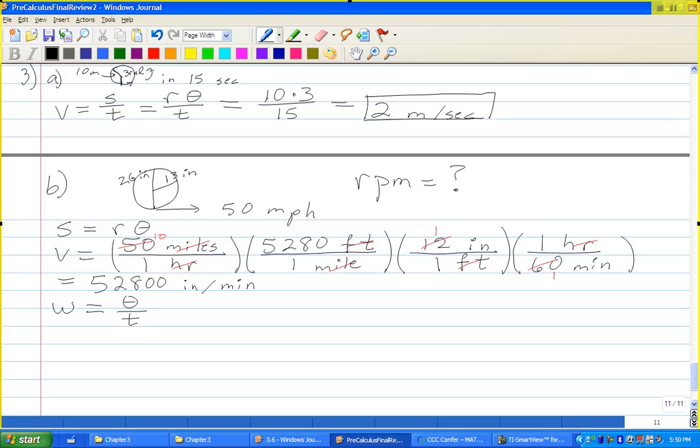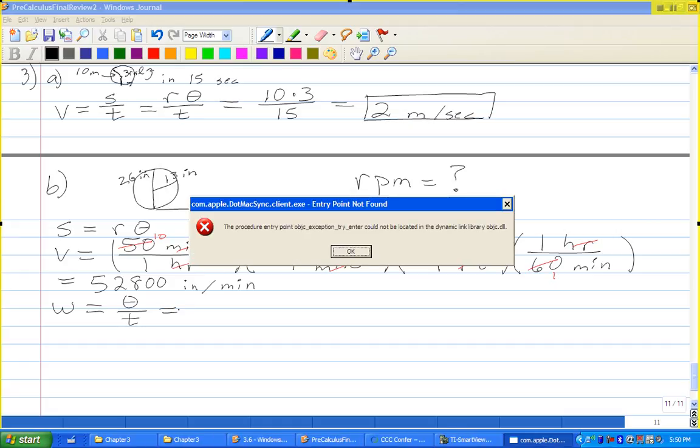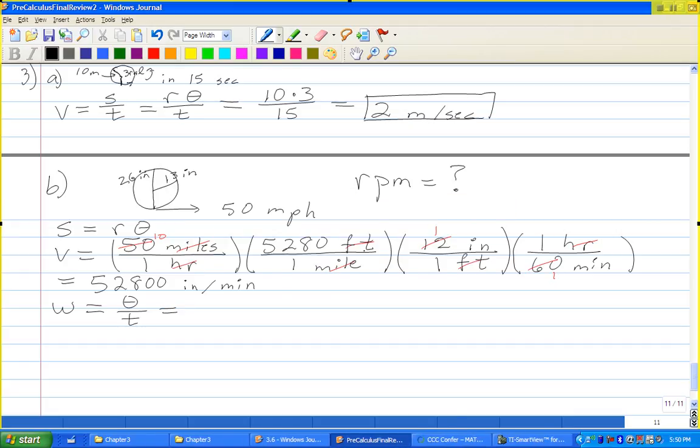The revolutions per minute is just a rescaling of the radians per unit of time, which is just the velocity over r. And so that is 52,800 over, and that's inches per minute.